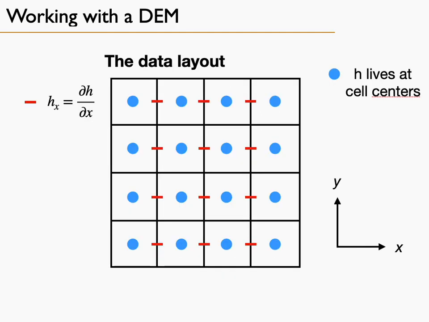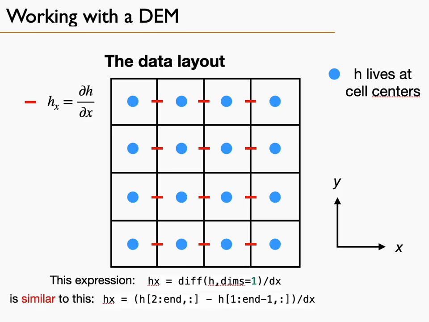So we are back to our data layout. We have the blue dots for H, and we now have the red bars for Hx. So that's the expression we can use to compute dH dx or Hx, diff h, dims equal 1 divided by dx.